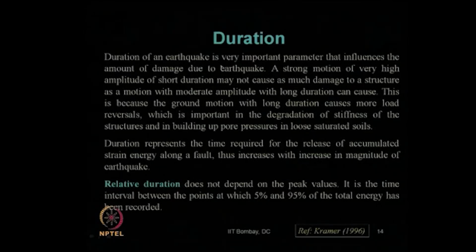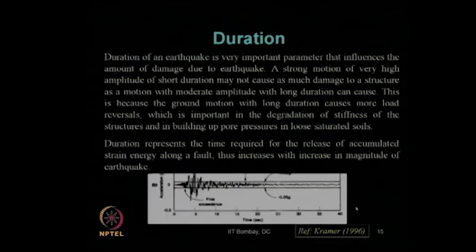Also, we have discussed the duration. The duration is nothing but the time required to release the entire strain energy during an earthquake process, whereas the relative duration is the time between 5% to 95% release of the energy.